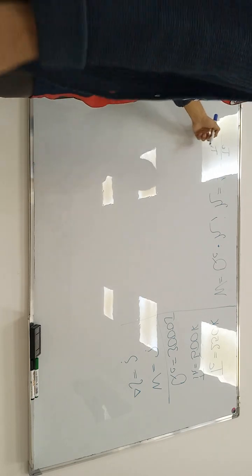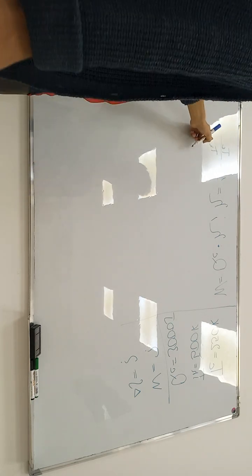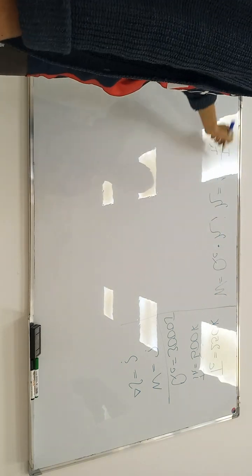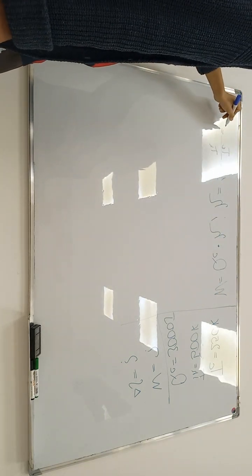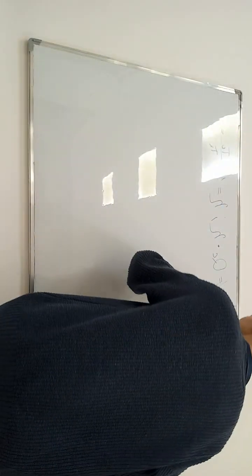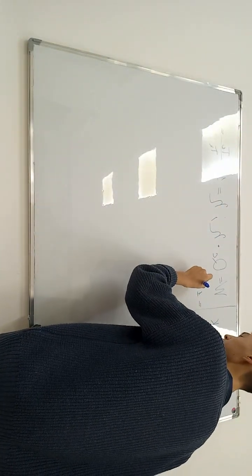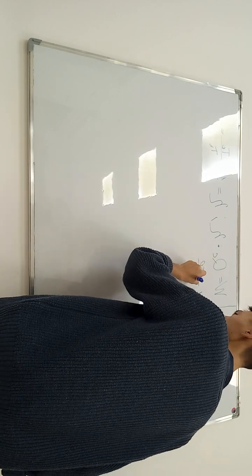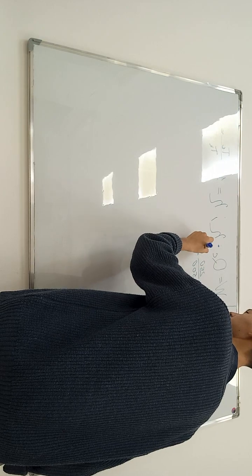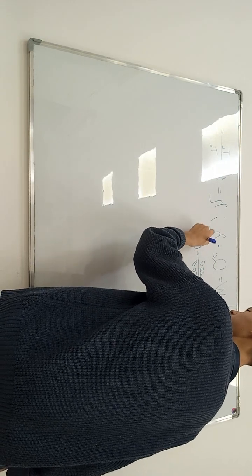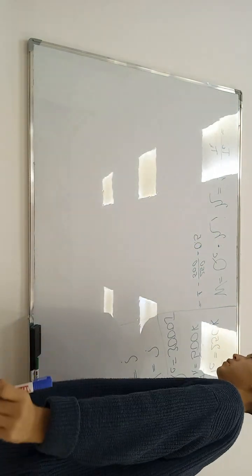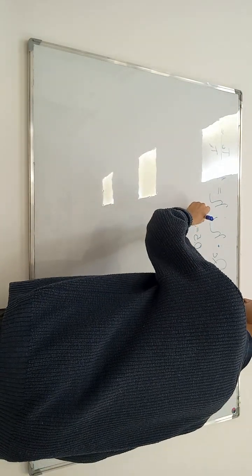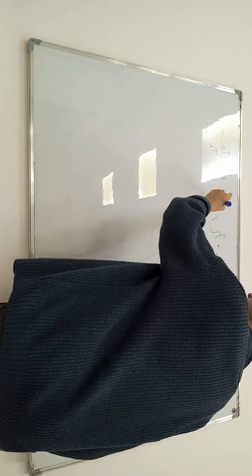We have the values of T cold and T hot. We just put them here and solve. 1 minus 250 divided by 500, and the total answer is 0.5. 0.5, or 50%, is the efficiency.